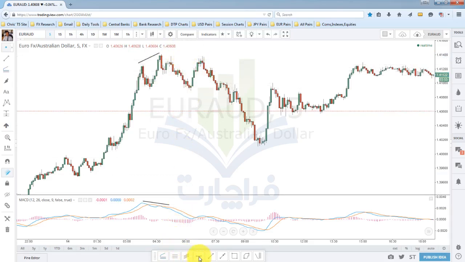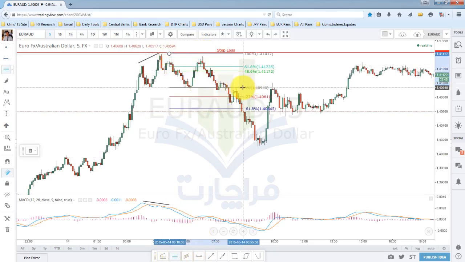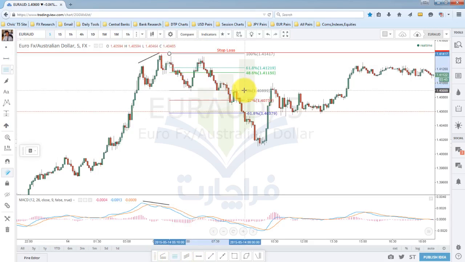Stop loss above the high. Sell the pullback. Obviously, we had a pretty deep move here. But here you can see the price move right into that 127% Fibonacci extension.